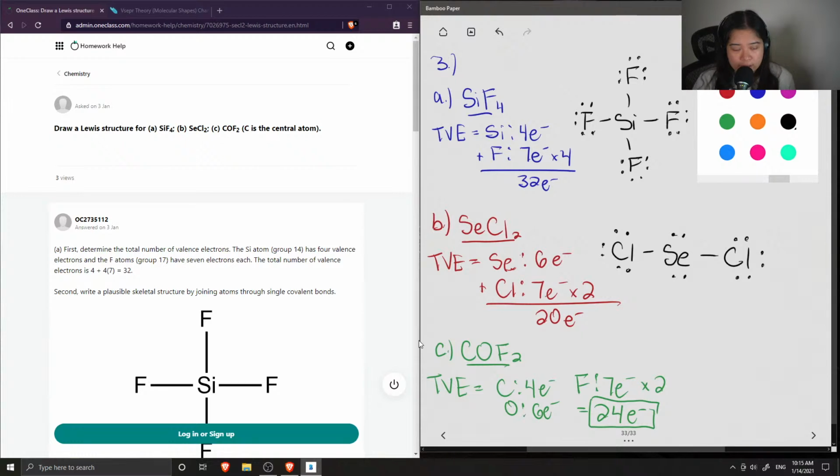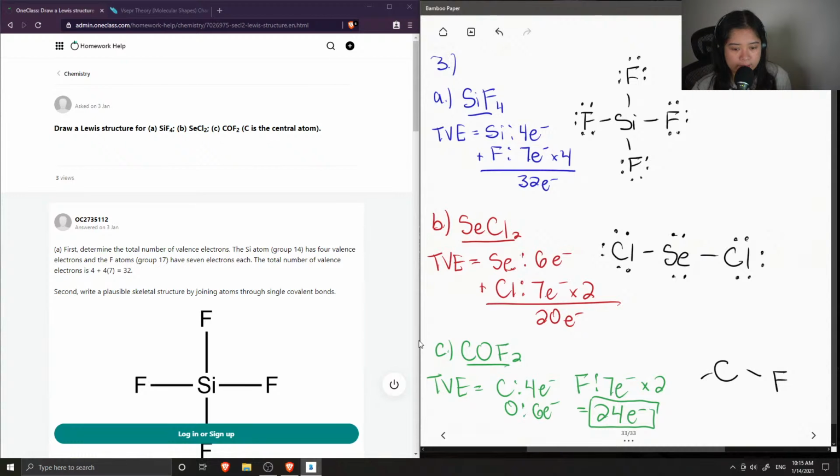And now let's try to draw the structure. We have carbon as our central atom, and it's bonded to 2 fluorines and 1 oxygen. So let's see what happens if I draw in all of my lone pairs.